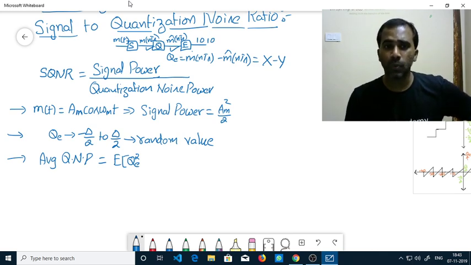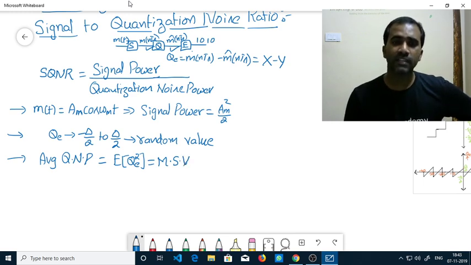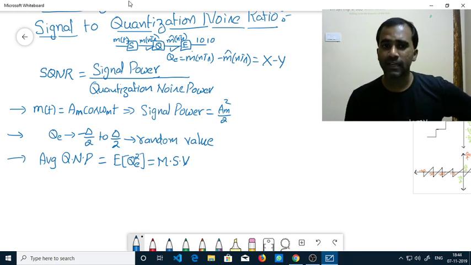Expectation of the square of a random variable always gives the mean square value, and mean square value gives power. Quantization error is a voltage, and voltage squared represents power. Expectation of power will give you average power, so here we get the average quantization noise power.